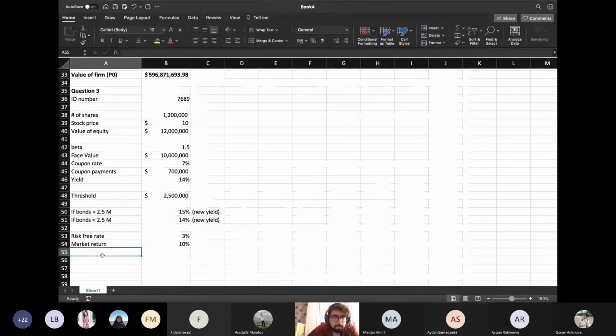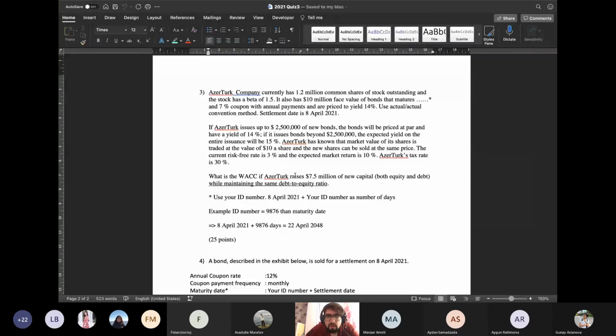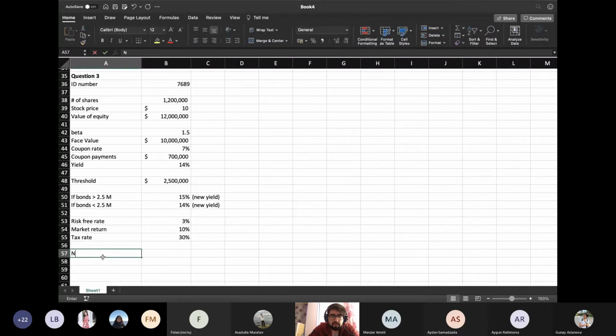Tax rate is 30%. What is the VAC if Azertürk raises 7.5 million new capital? New capital, this is equity and debt together, 7.5 million.